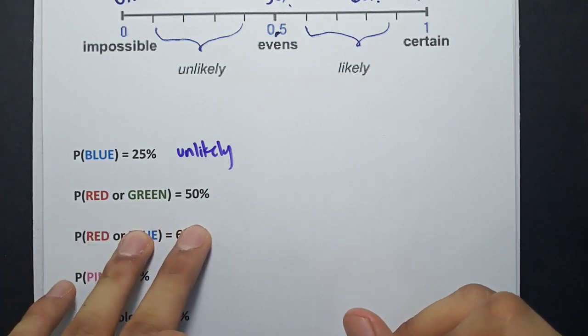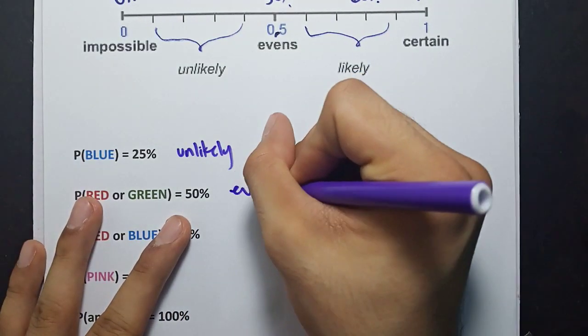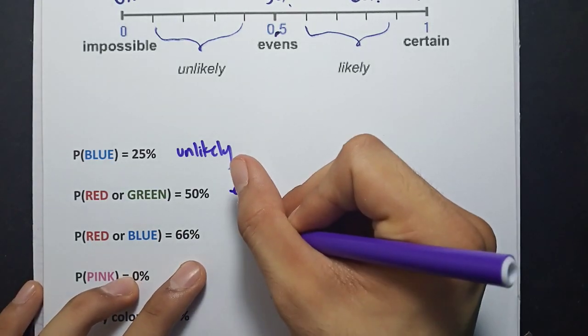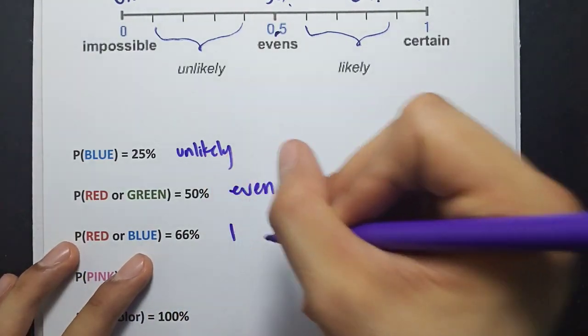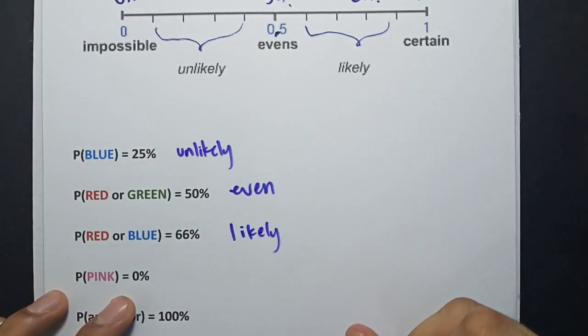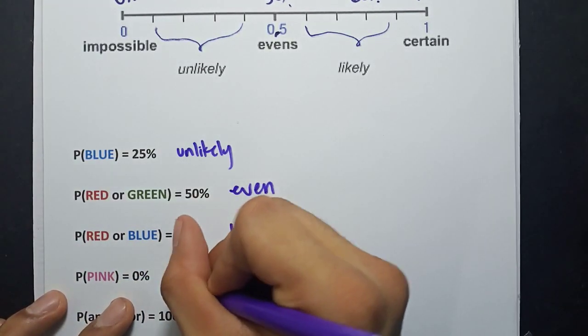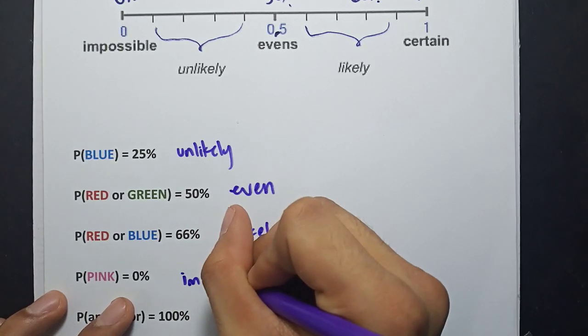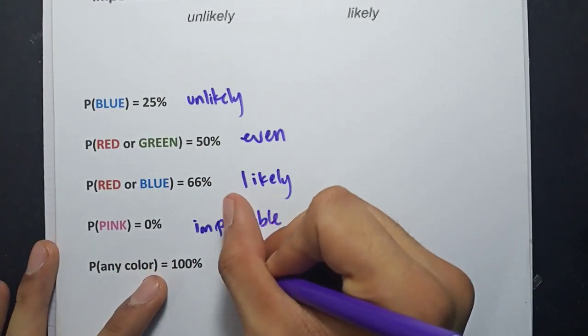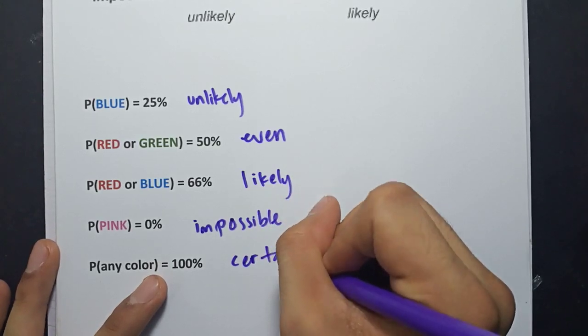Red or green, 50%, that is even. Red or blue, 66%, that is more than 50%, but not equal to 100, so that's likely. Next, pink, 0%, meaning impossible. And last, 100% means certain.